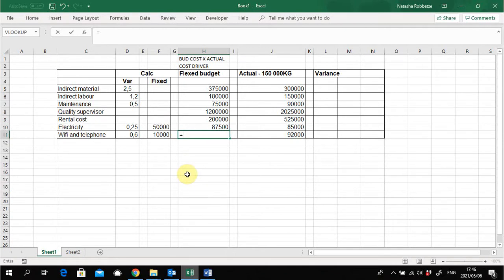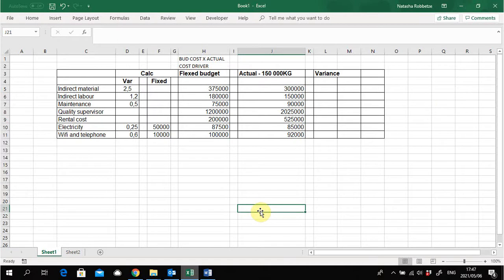This needs to be repeated for our telephone and Wi-Fi. So we're going to take the 60 cents times by the actual 150,000 kilogram cost driver. And to that variable answer, we also have to add the fixed cost portion, which was the 10,000. And that gave us 100,000 Rand.